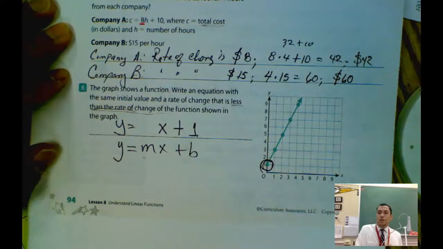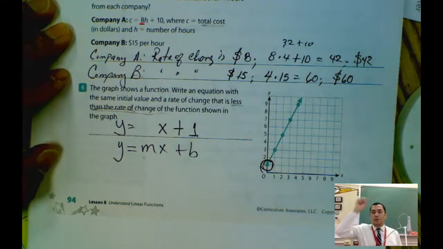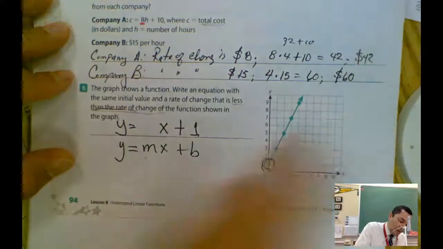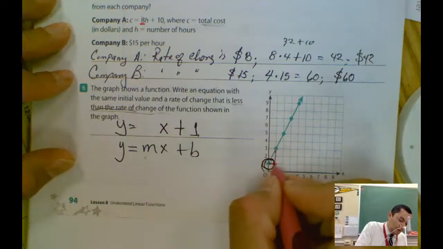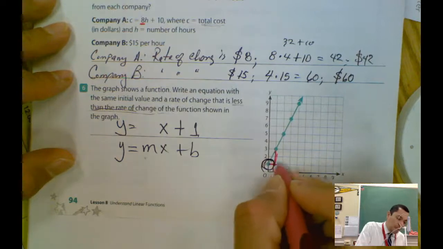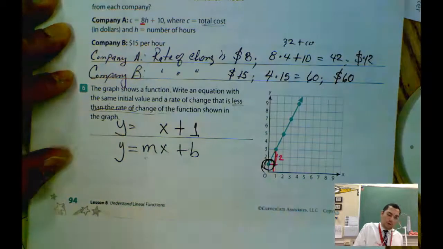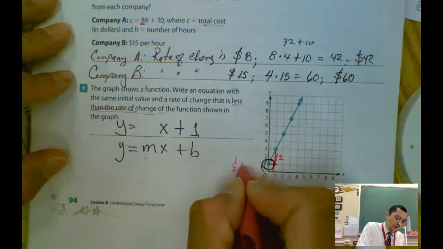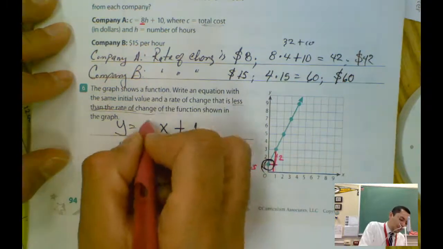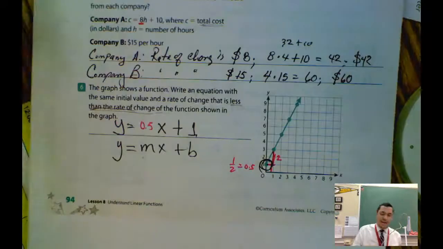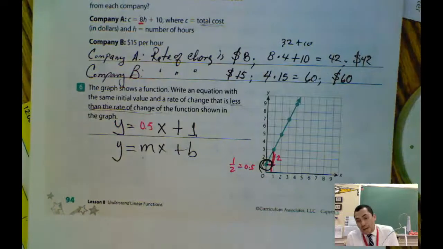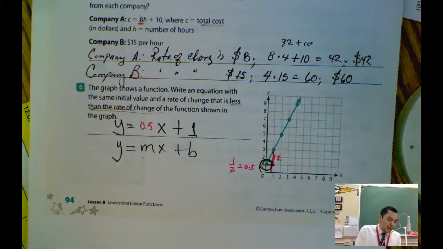So instead of going vertical over horizontal, I'm going horizontal over vertical, which is 1 over, what is the difference? 2. So it's 1/2 or 0.5. So in this case, you're going to have 0.5x plus 1. So in this case, that's what you're going to get for page 94.